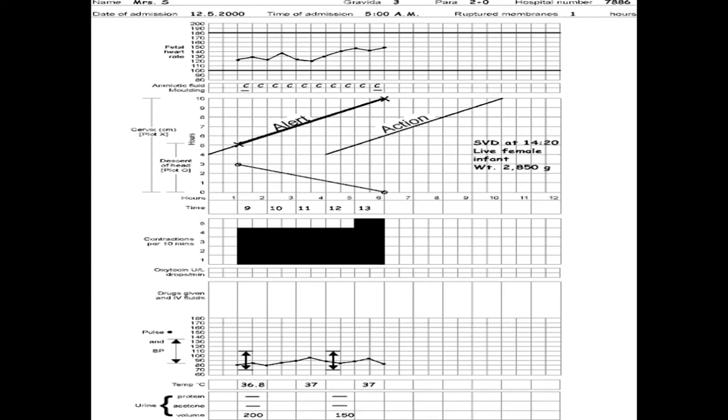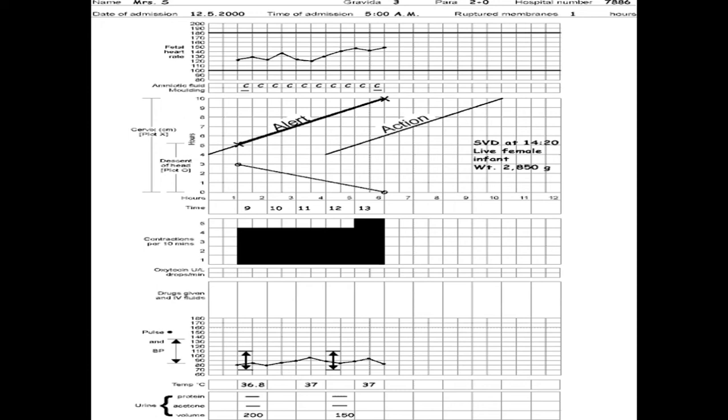In the whole first half length of the first stage, only 3 centimeters is dilated. But in the second half of the first stage, the rest of the dilatation occurs in an increasing pattern along this line.